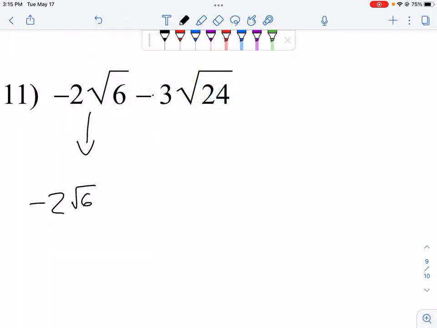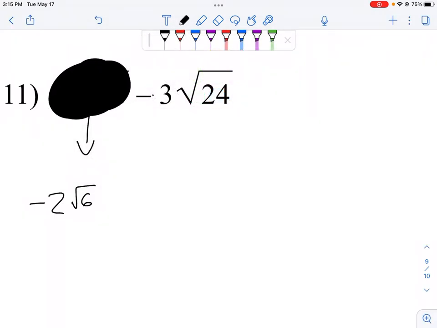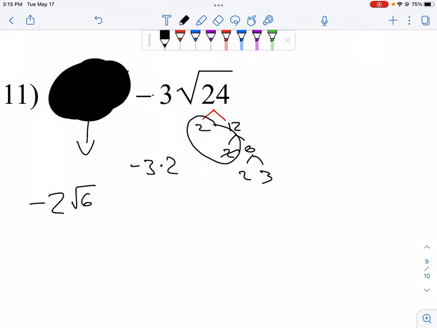Now let's think about if we were to cover this up, could I break down square root 24? So I have a negative 3 multiplying with 24, which is going to be 2 and 12. 12 is 2 and 6. 6 is 2 and 3. A pair of 2's. And then 2 and 3 multiply back up to give us 6.